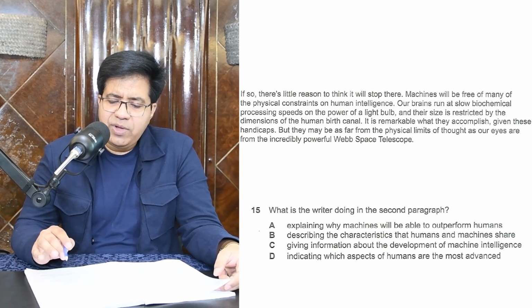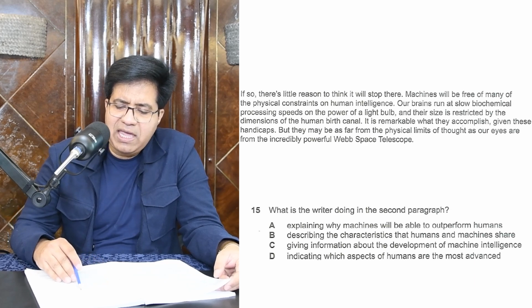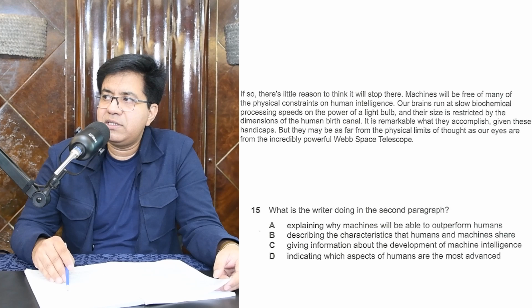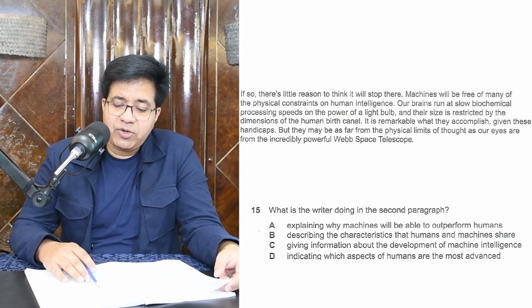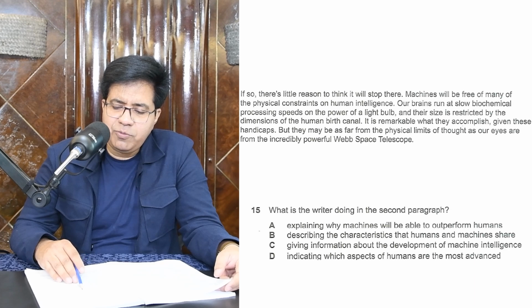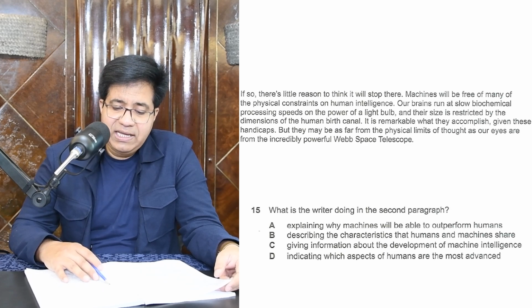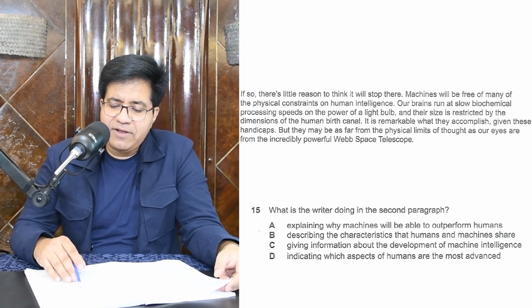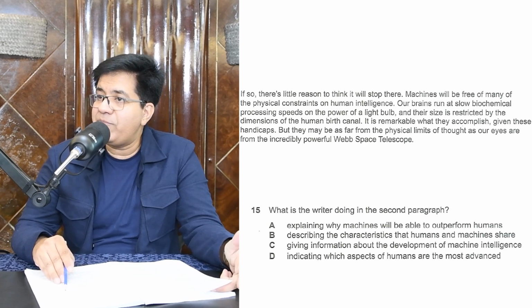Okay, what is the writer doing in the second paragraph? Option A, explaining why machines will be able to outperform humans. Okay, maybe. Option B, describing the characteristics that humans and machines share. They did not mention any similarities. Option C, giving information about the development of machine intelligence. He did not tell us the history of machine intelligence.